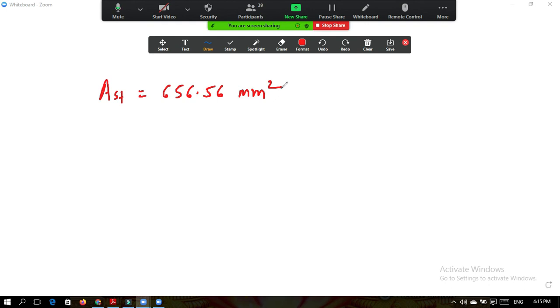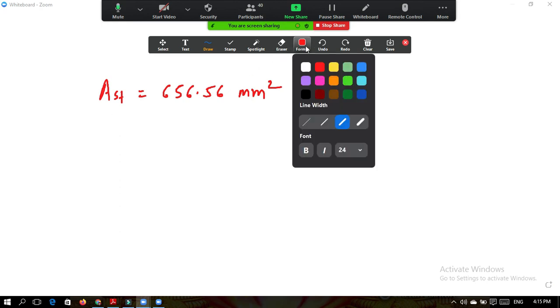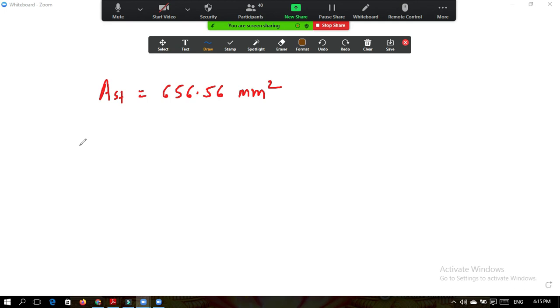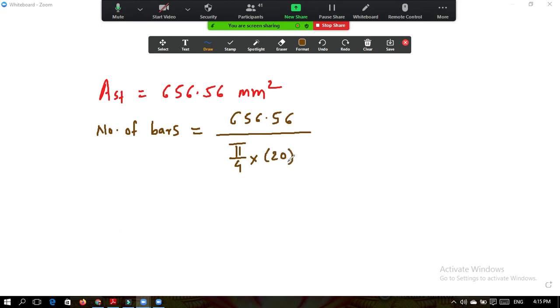Now calculate number of bars. How many number of bars are there? So number of bars is equal to total area divided by area of single bar. We have assumed 20 mm bar diameter, 20 square.